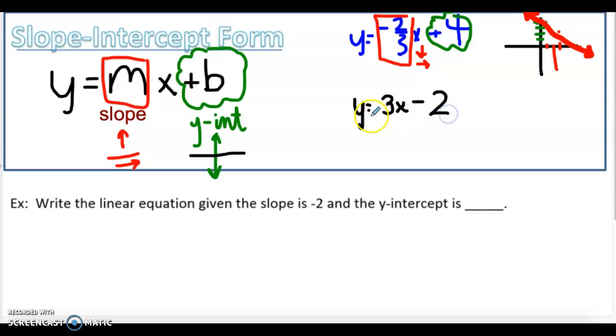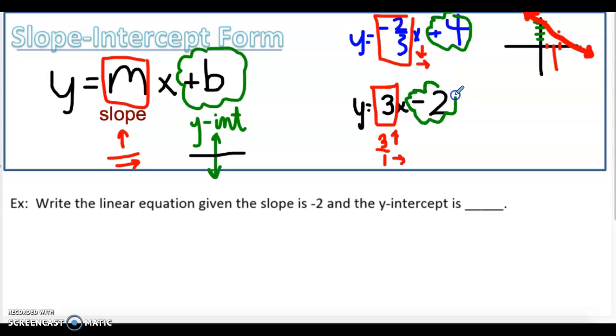So here's the equation y equals 3x minus 2. Again, we can take a look at this. Here's my slope in front of the x. That's a slope of 3, which is 3/1, which means I'm rising up 3 every time I'm going to the right 1 unit, which means it's climbing pretty steep. And then of course I have my y-intercept, which is negative 2.